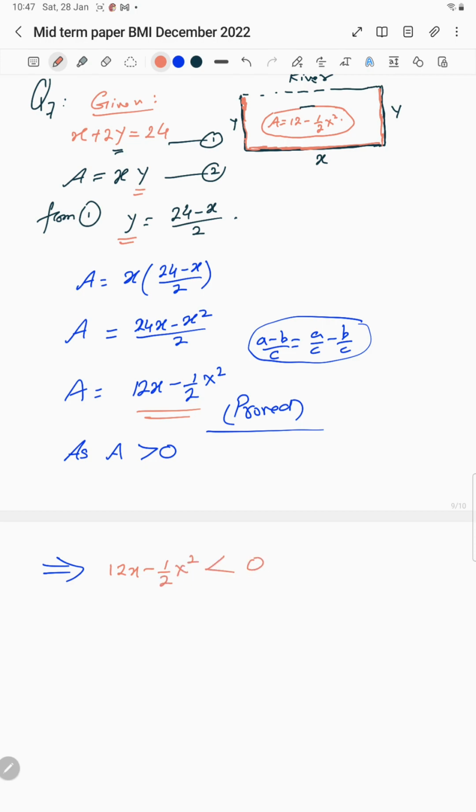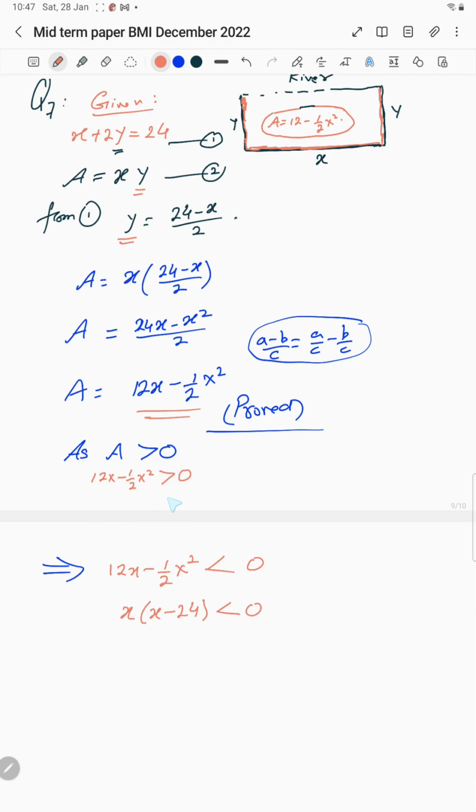Take this for domain and range, make a factor of it. We can say x into x minus 24 is less than 0.